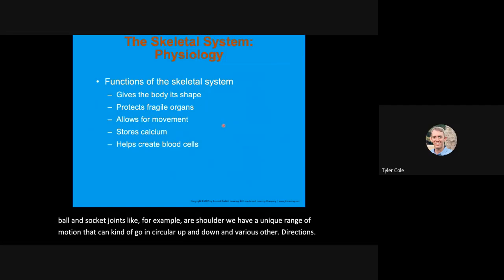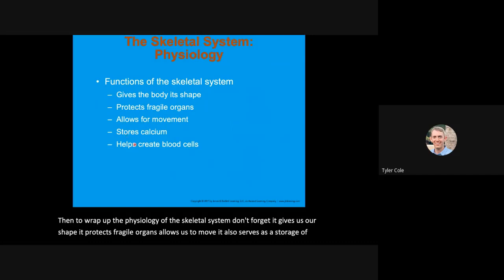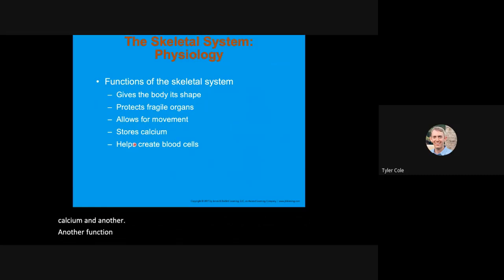Then to wrap up the physiology of the skeletal system, don't forget, it gives us our shape. It protects fragile organs, allows us to move. It also serves as a storage of calcium. And another function that a lot of people are not familiar with is that it helps create blood cells.